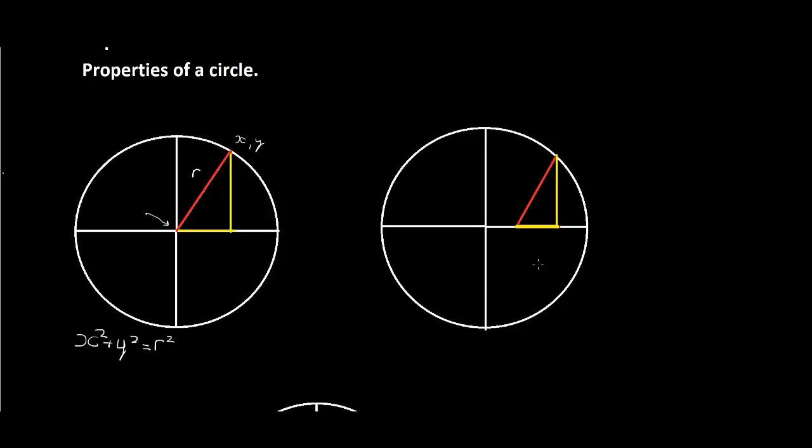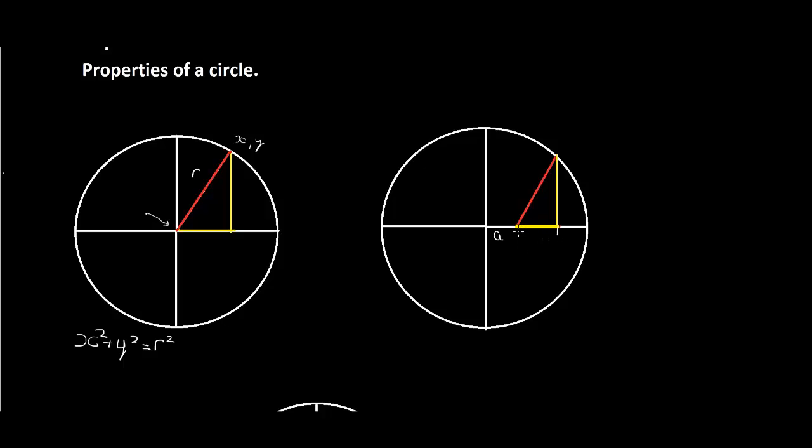Now if we move the centre from the origin to a point along the x-axis, and we'll call this distance A, the centre of this circle is now point A on the x-axis, and y equals 0.